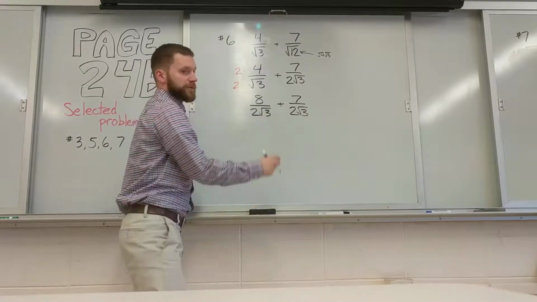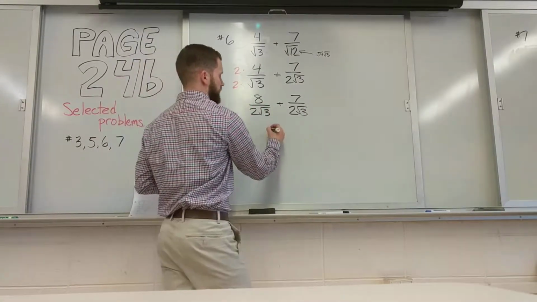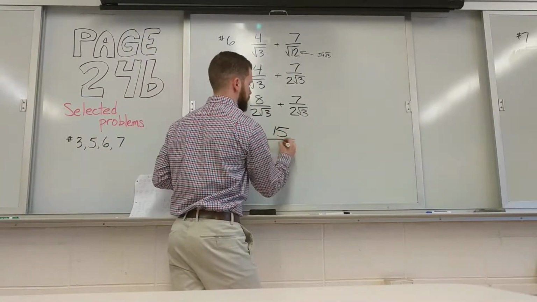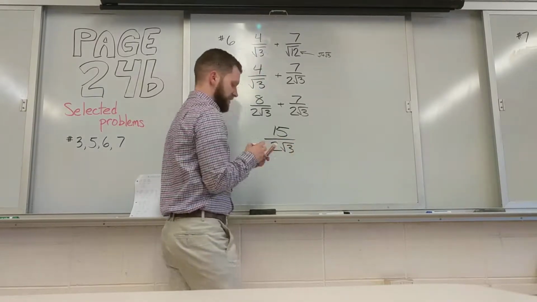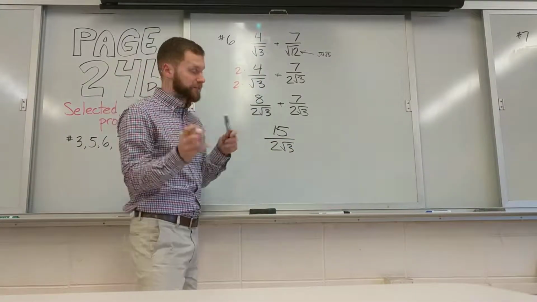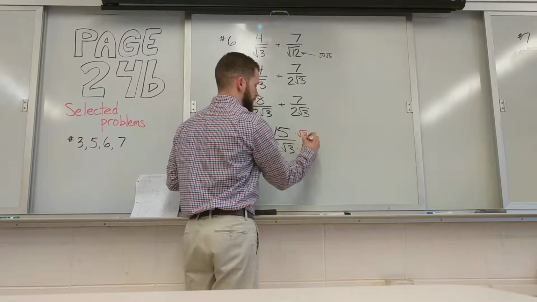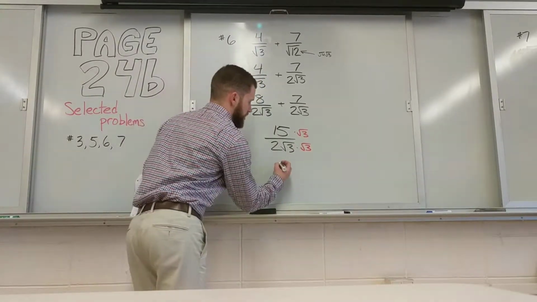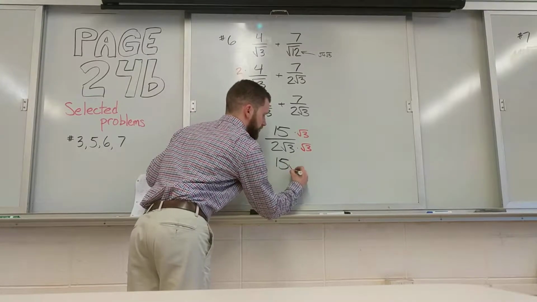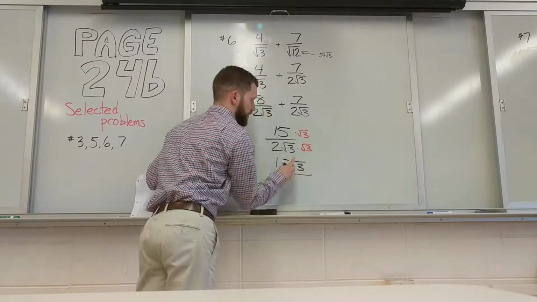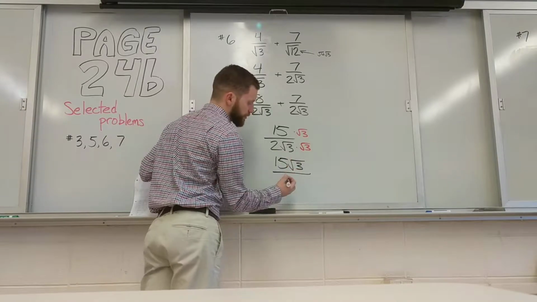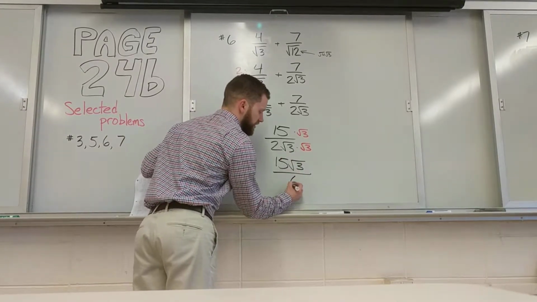And now these have common denominators, we can add them together, so we end up with 15 over 2 root 3. And then to get rid of the radical in the denominator, or to rationalize the denominator, we're going to multiply by root 3. Okay, we end up with 15 root 3 over root 3 times root 3 is just 3, so 2 times 3 is 6.